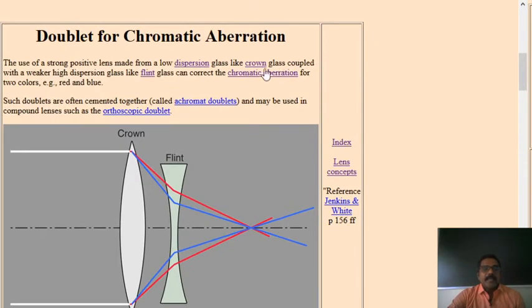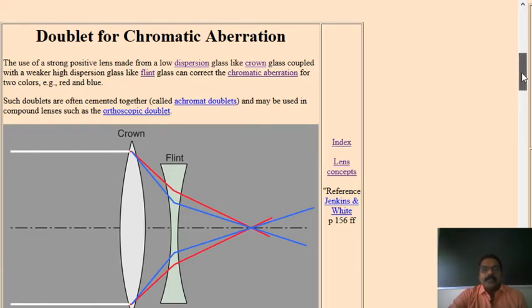This chromatic aberration is removed by using a doublet, that means a convex lens of crown glass and a concave lens of flint glass. The combination of these two removes the chromatic aberration. See here, red light and blue light are placed in one place.